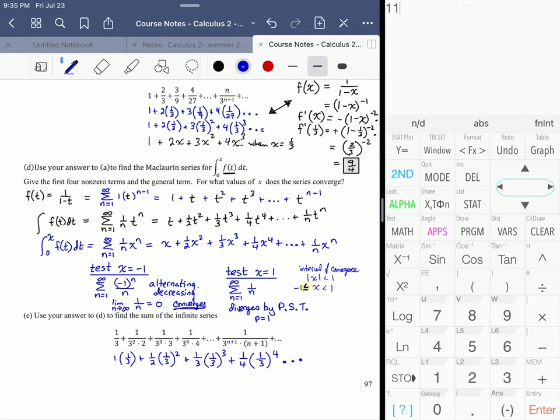All right, so it's telling us, if we look at it, that what we're up against is in the same form as the antiderivative of f of t dt over the interval of 0 to x.